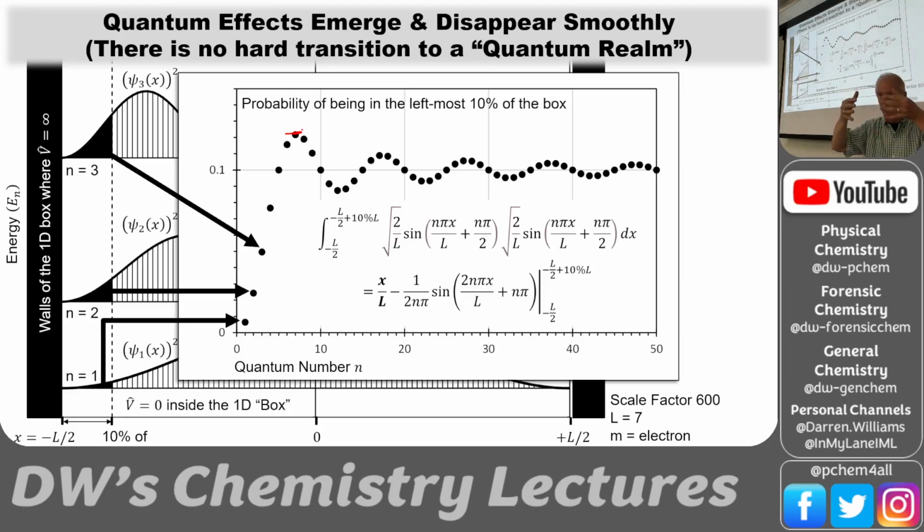So when you increase the size of the box, all these energy levels crush down, and you're going to have atoms, ions, molecules in the 100th or 200th or 1000th quantum state, where the quantum effects just aren't detectable. You have so many maxima and minima and nodes that you can't even see that it's a wave. It just looks like a constant value across the whole box.